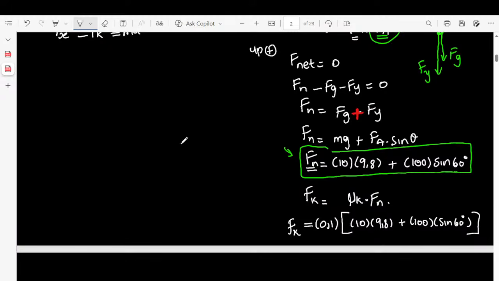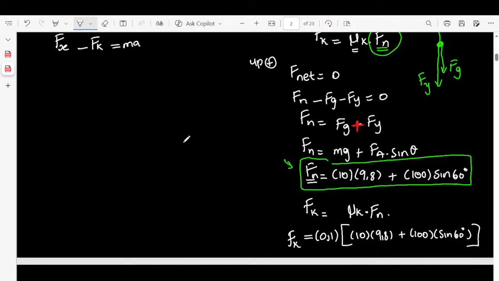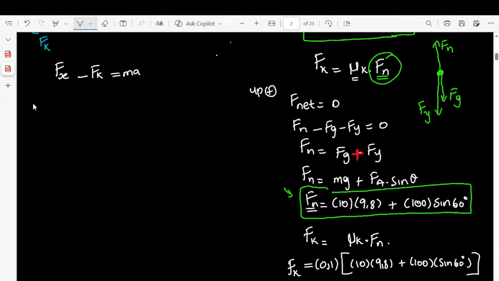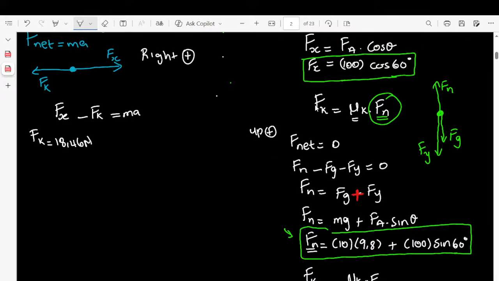I'm going to take 18.46 newtons. Guys, I need you to train how to use a calculator. So my Fk, I'm just going to write it here. I have Fk to be equal to 18.46 newtons.